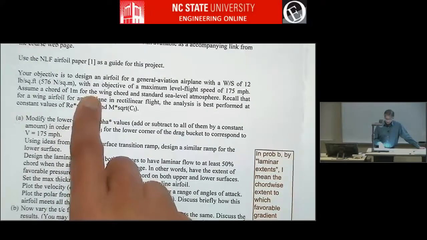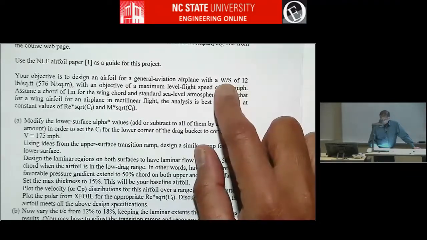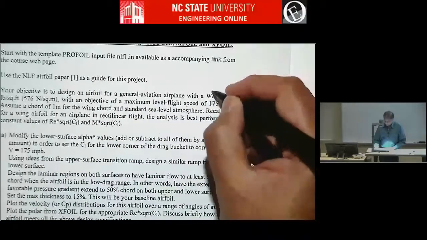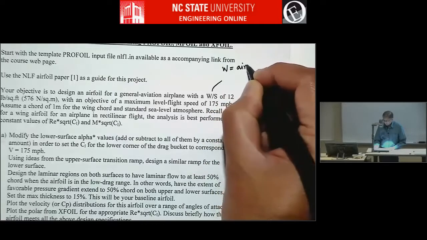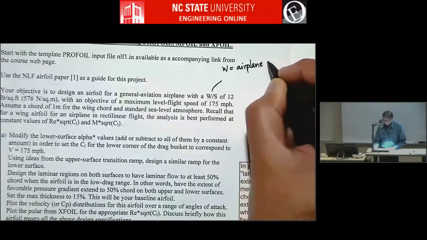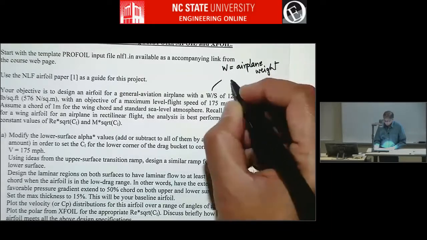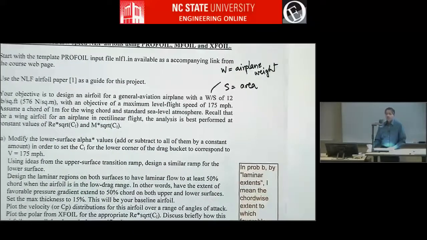The objective is to design an airfoil for a general aviation airplane with a wing loading. This is weight to surface, weight to area. W equals airplane weight, and S equals area, planform area.